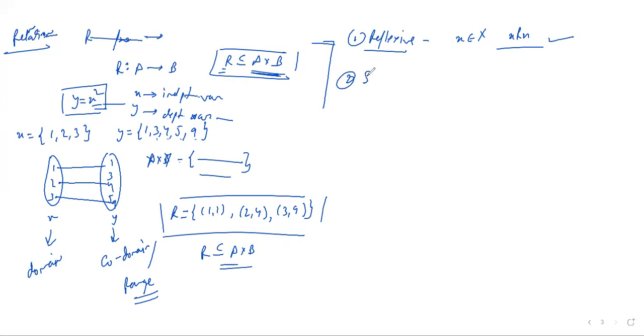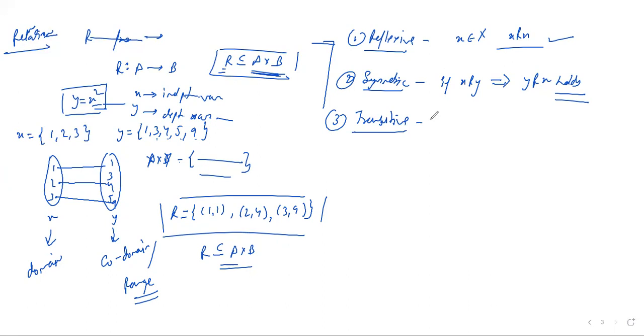And if I talk about symmetric, what does this mean? If x is related to y, then y is related to x holds. This is the symmetric type of relation. Then there is the third type of relation, that is transitive.